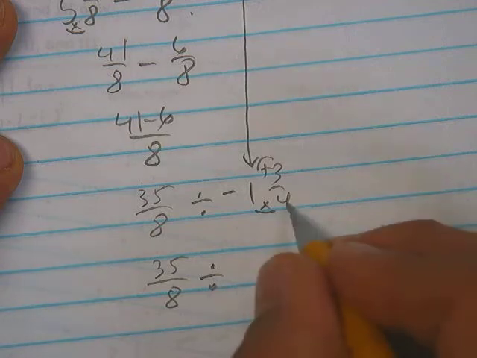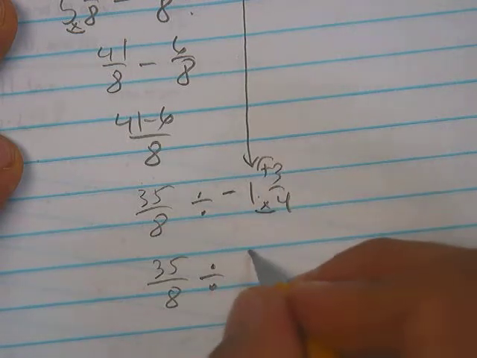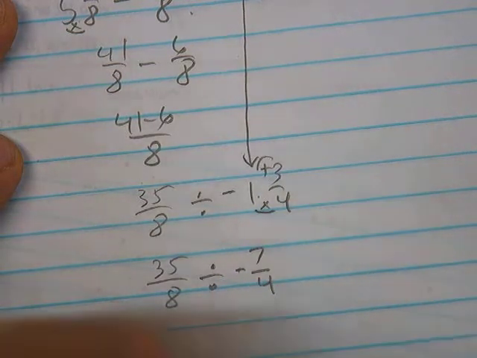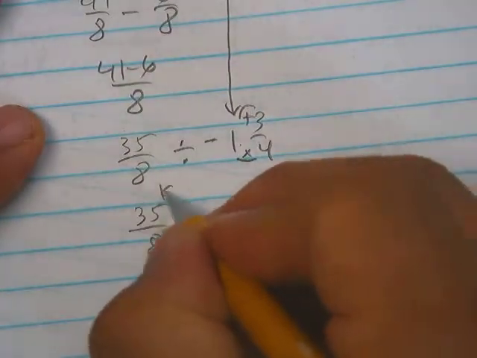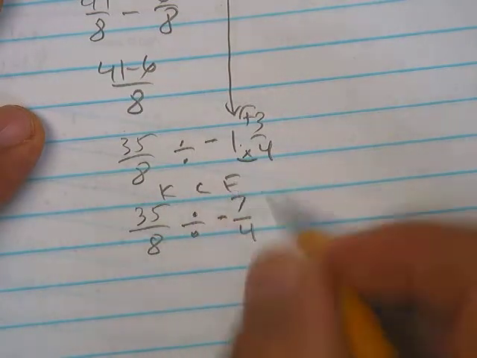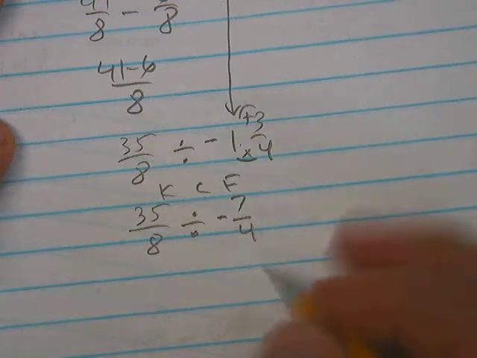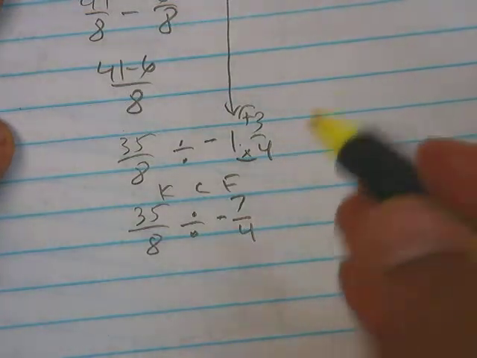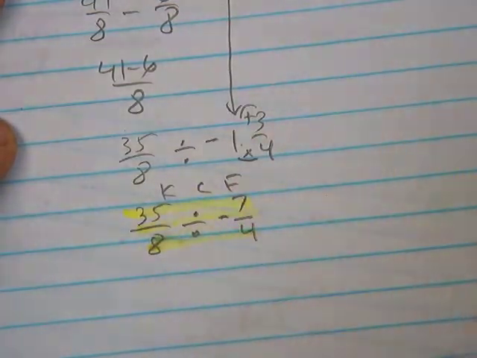You got to convert this guy to an improper fraction, around the world. So 35/8 divided by 4 times 1 is 4, plus 3 is 7, negative 7/4.